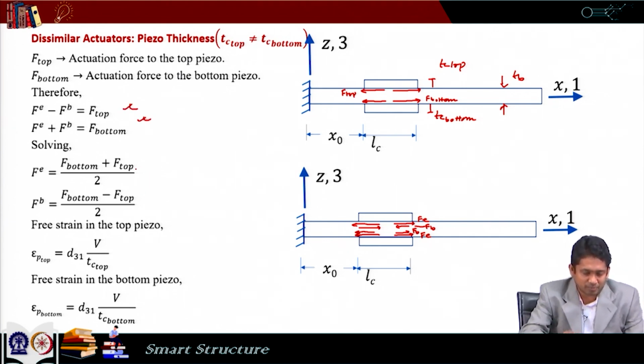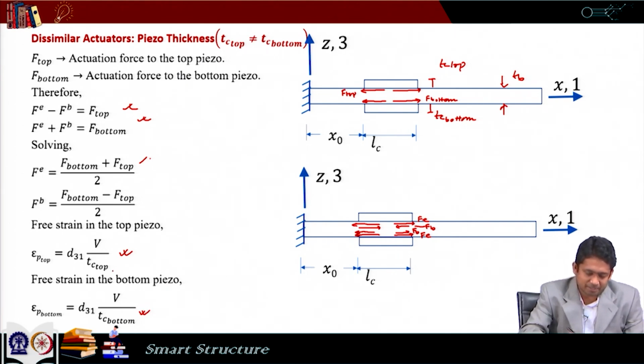So, after solving we can write the extensional actuation force Fe as this, and Fb, the bending actuation force corresponding to the bending part, is this. Now, the free strain in the top piezoelectric part is this, and the free strain at the bottom piezoelectric part is this.